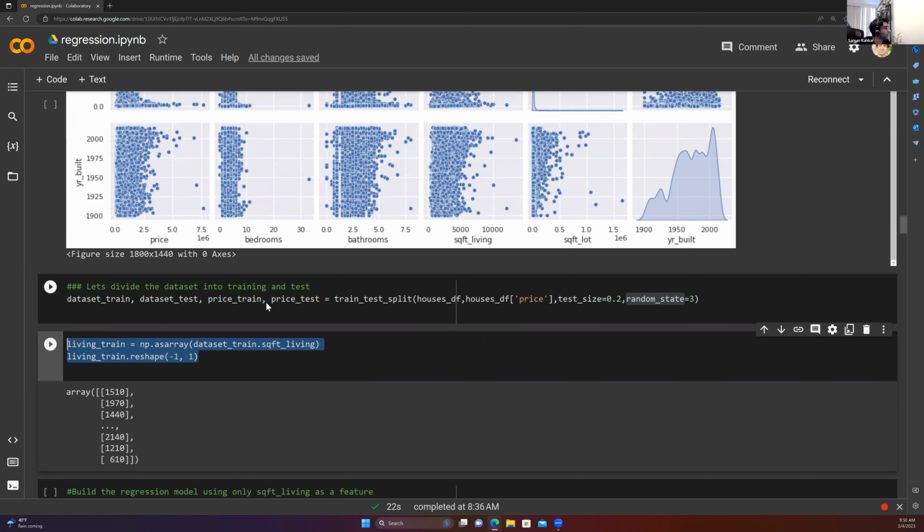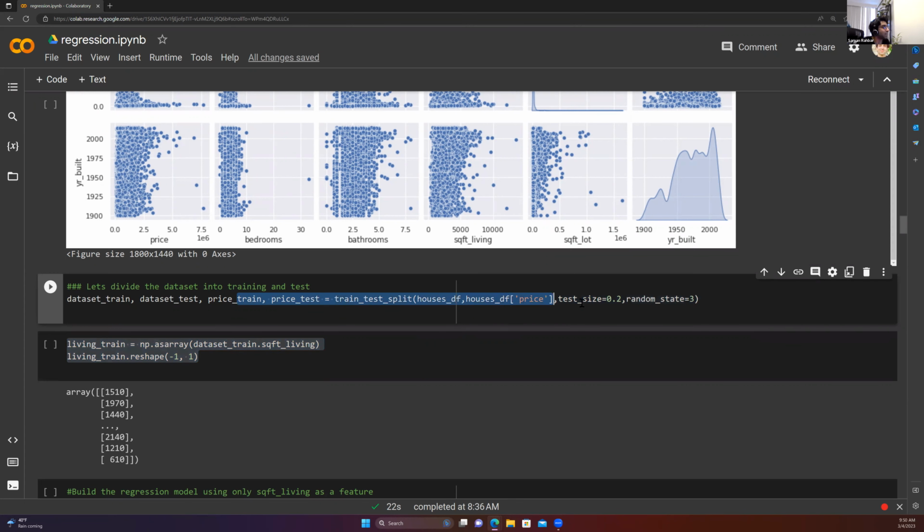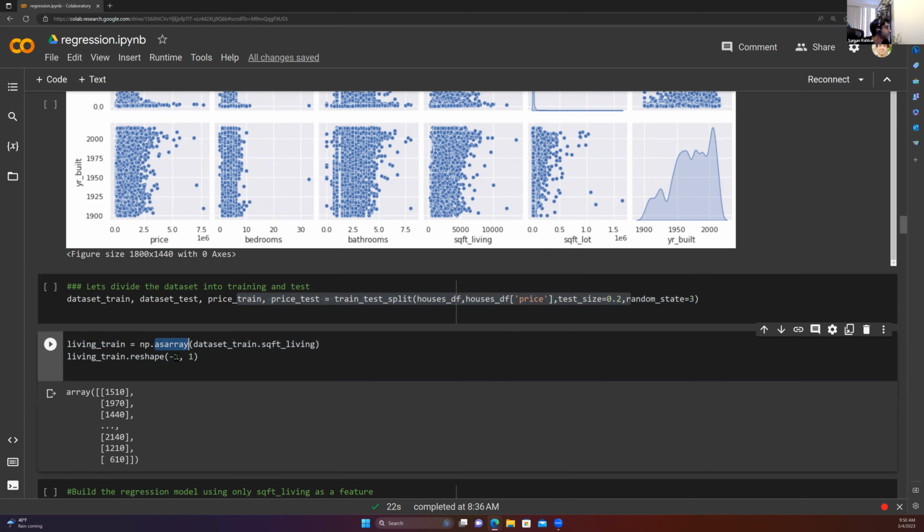So here I had this pandas data frame, and I'm trying to convert that to a NumPy array. So again, I use NumPy, I use the as array function, and I pass this data frame with this feature in it, square foot living, and convert that to a NumPy array.